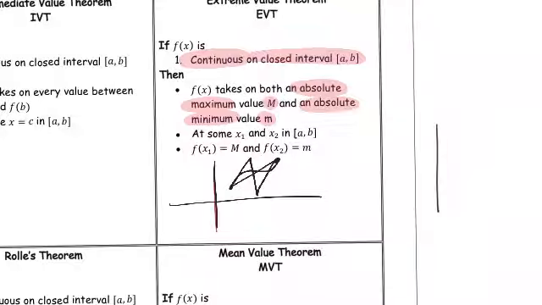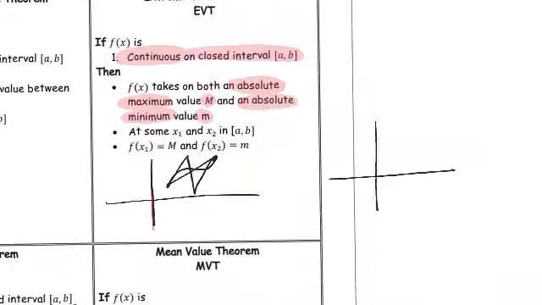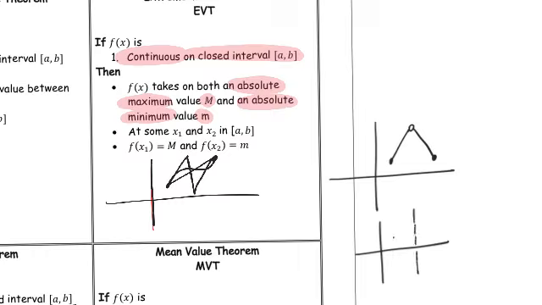as an aside, the problems with absolute max and min happen when we have things like this going on, so that one won't have an absolute max. Or you might, if you have a break, like an asymptote, in the middle of your interval, say this is A B, then obviously we could have no absolute max or min in a problem like that.